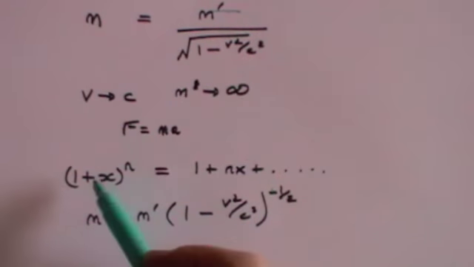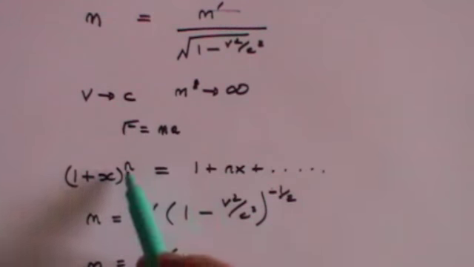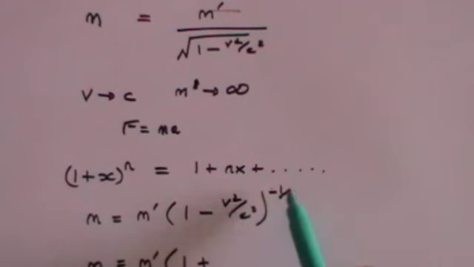And now if we use this here, we get that m equals m prime into, well, this term expands into 1 plus n is minus a half, x is minus v squared over c squared. So you've got minus a half times minus v squared over c squared is plus v squared over 2c squared.